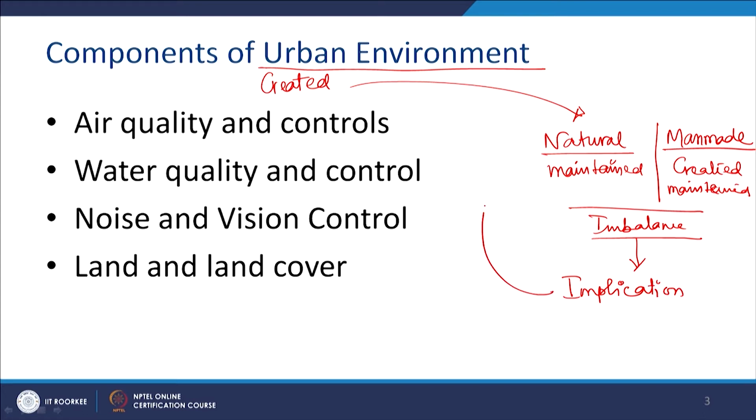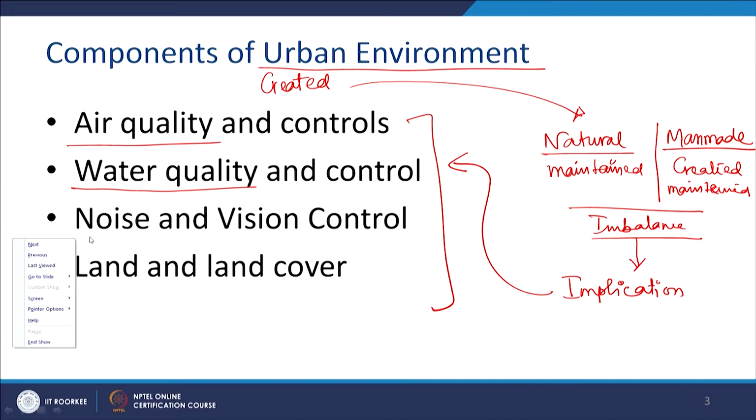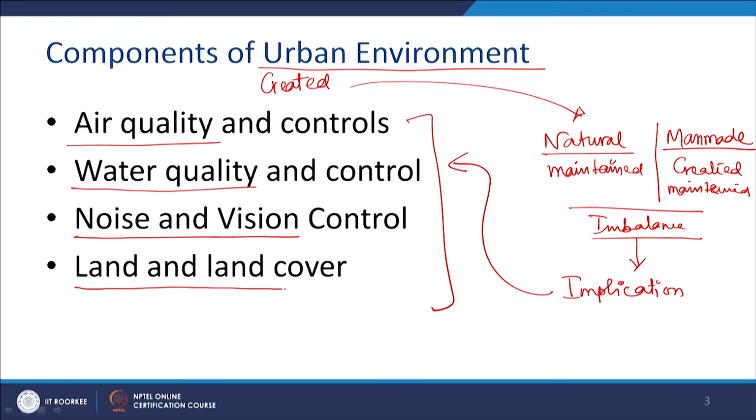For example, there could be air quality degradation and air pollution, water quality degradation and pollution, noise and degradation of the quality of vision and aesthetics, and pollution of land and land cover elements. So, what we need is a better plan and control, so that all development and management is performed in a regular, scientific and systematic way.